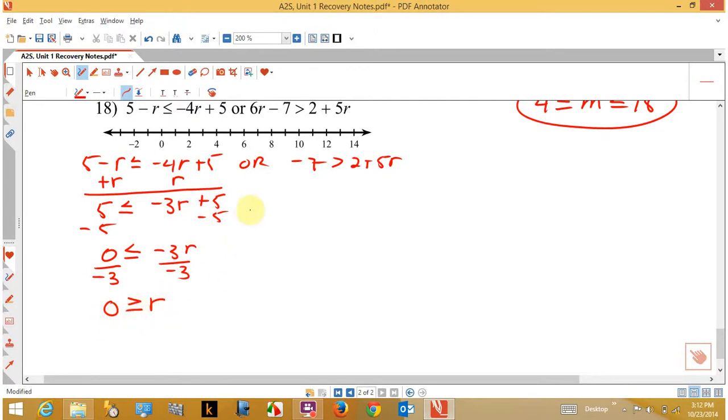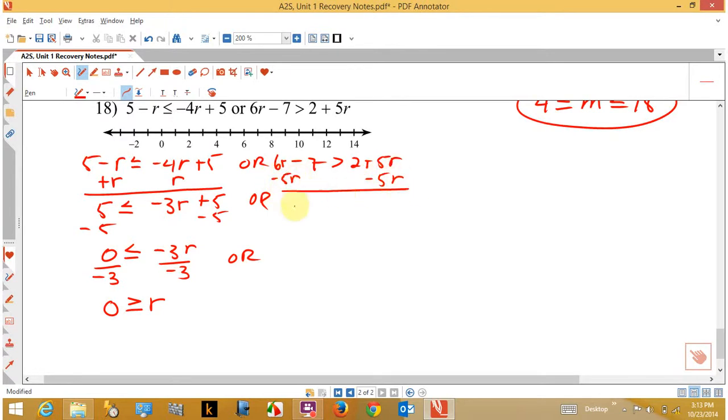Now, or on the other side, it seems like I've left a piece of this out, 6r. So over here, let's subtract 5r from both sides.